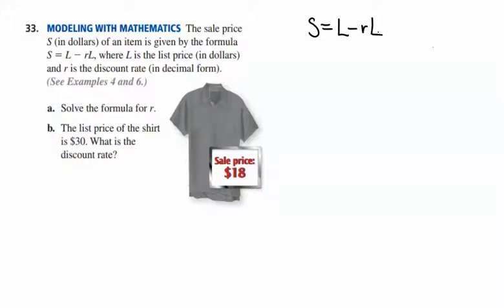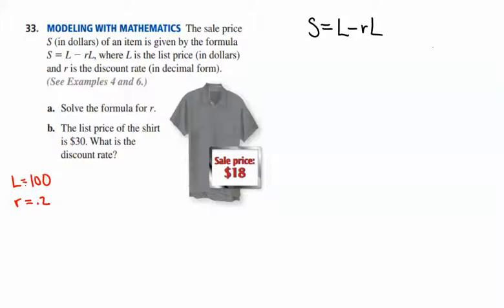Let's say you were buying something that cost $100. So L is 100. And the discount was 20%, or 0.2.